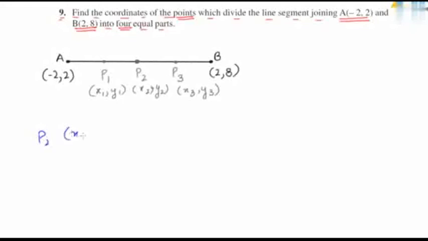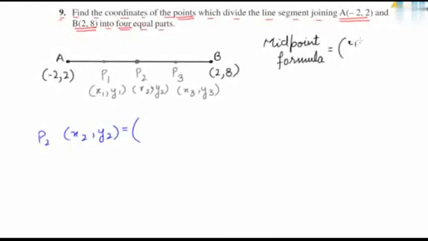So the coordinates of P2, that is x2 comma y2, we will find using the midpoint formula. I will write it here. Midpoint formula is (x1 plus x2)/2 comma (y1 plus y2)/2.